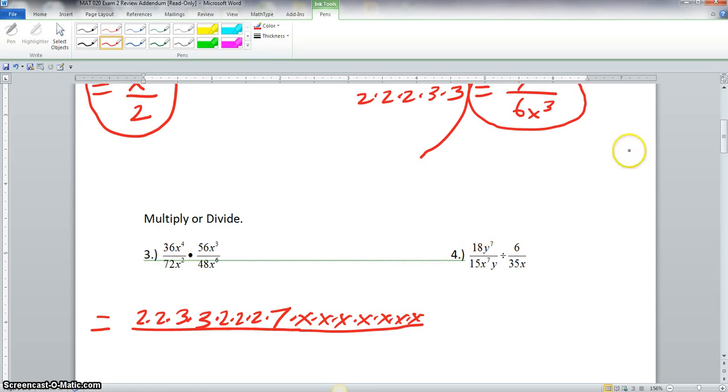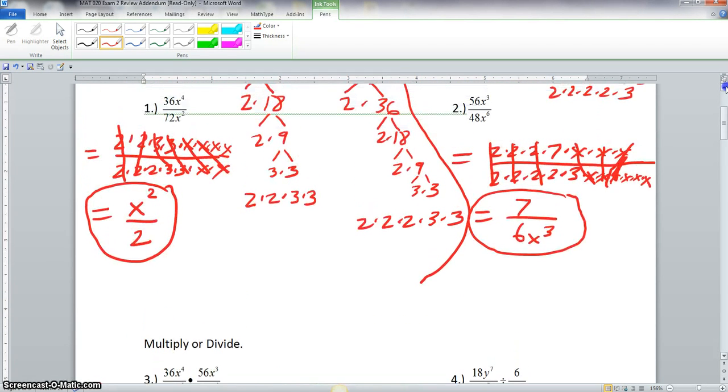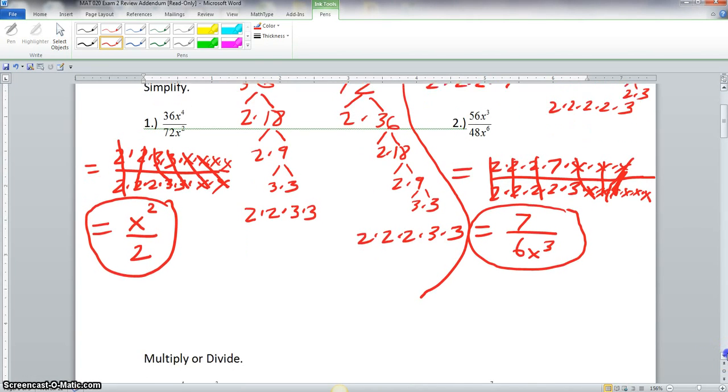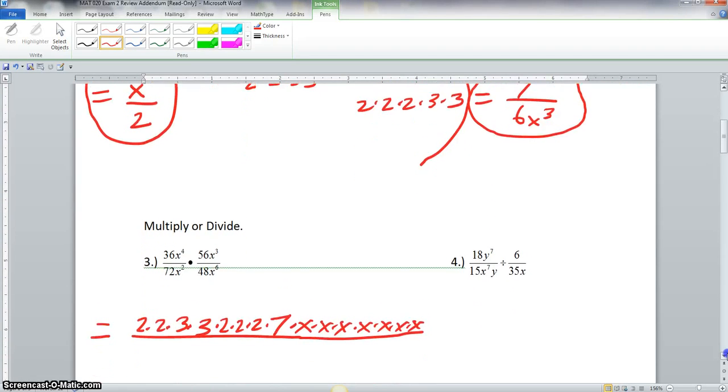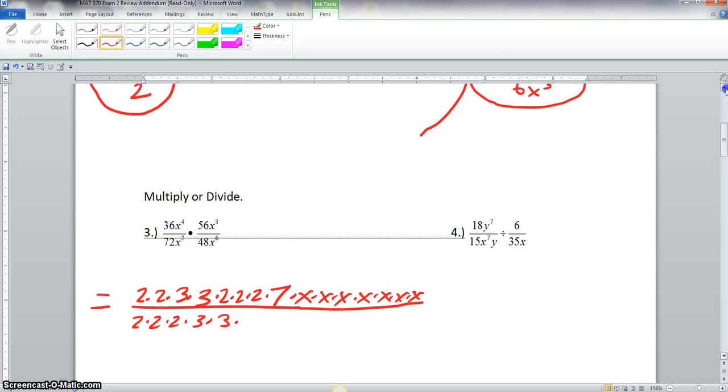Now with our denominator, we also did 72. Now with 72, we ended up with 3 2's and 2 3's. Then we'll take the prime factorization of 48. You could scroll back, but, well, let me go back up here.